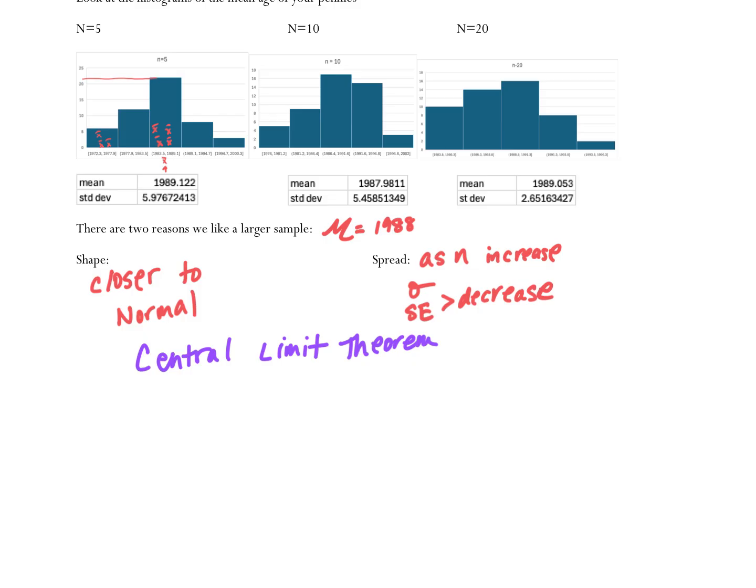Okay, so if you are asked, why would you want to take a larger sample? Your answer should say something like p hats are closer to p. On the aggregate, all the possible p hats are closer to the actual value, or all the possible x bars are closer to the real value.